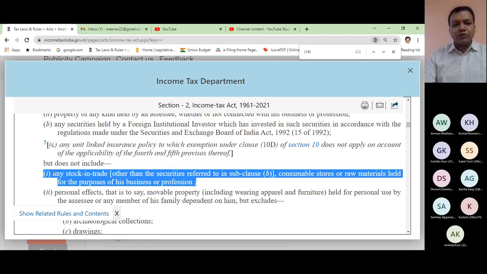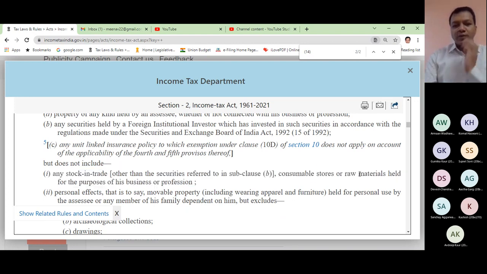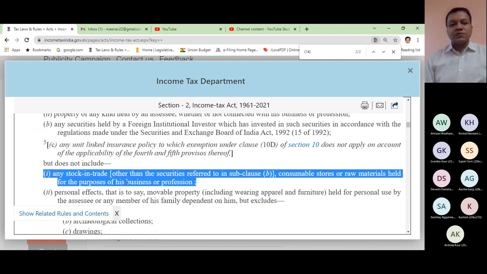Just remember, any stock in trade or consumable store or raw material held for the purpose of business and profession, and it is logical also. Whenever anything is your stock for the purpose of business, then it is not a capital asset, because when you sell that stock, you compute the income under the head PGBP, not under capital gain. So it is logical that any item which is your stock for the purpose of business is not a capital asset.